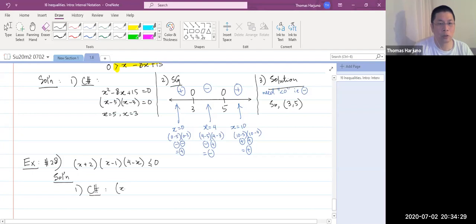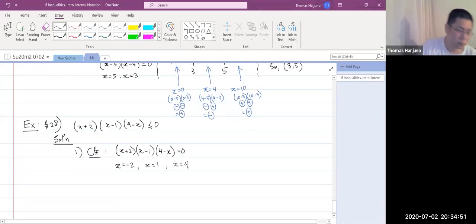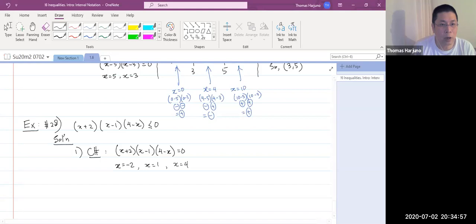We need x plus 2, x minus 1, 4 minus x to be 0. So the critical numbers are x equals -2, x equals 1, x equals 4. And then step 2, the sign graph.